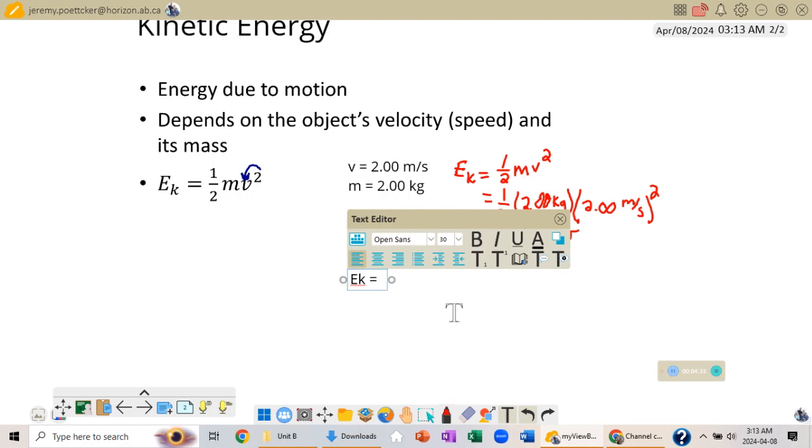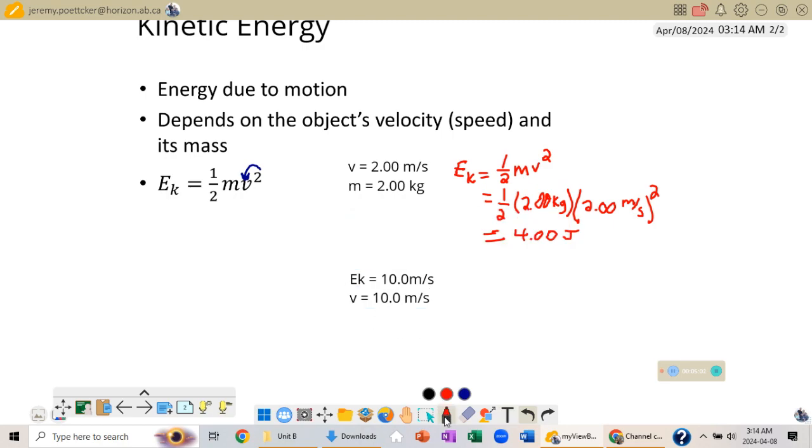In this case, we know that the kinetic energy of the object is 10.0, and the speed of the object is 10.0 meters per second. And we want to know what is the mass of the object.